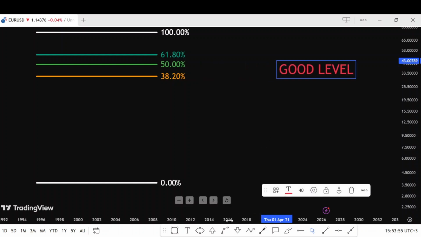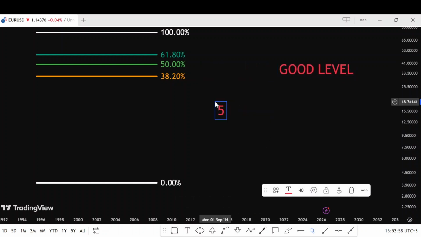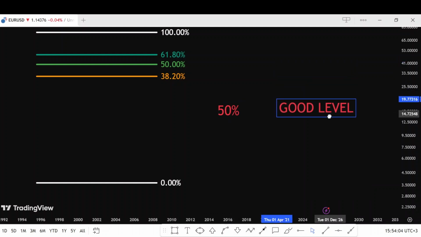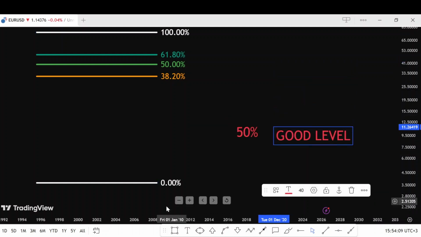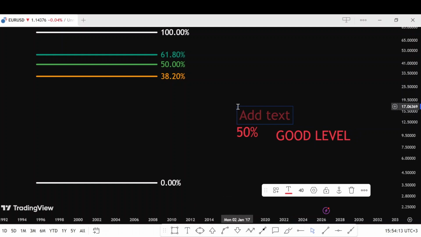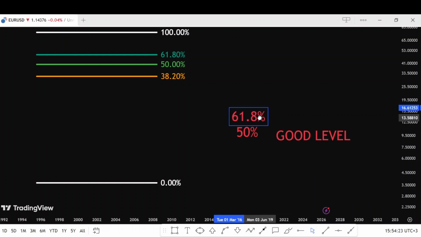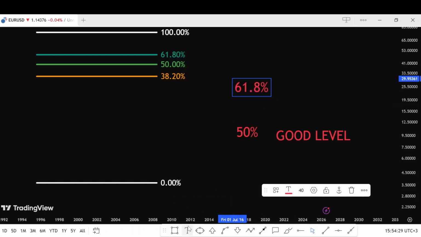So these are the levels. We have the 50%, which is a good level. We then have the 61.8%. This one is the best level. Take it to be the best level.